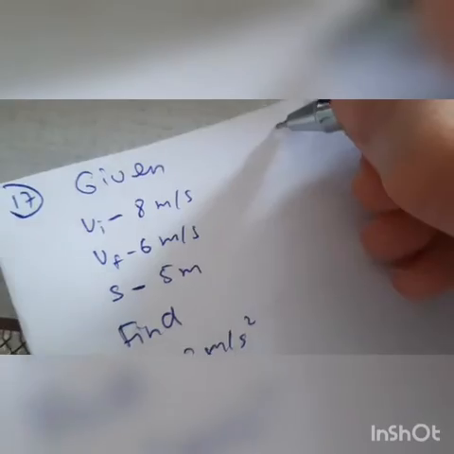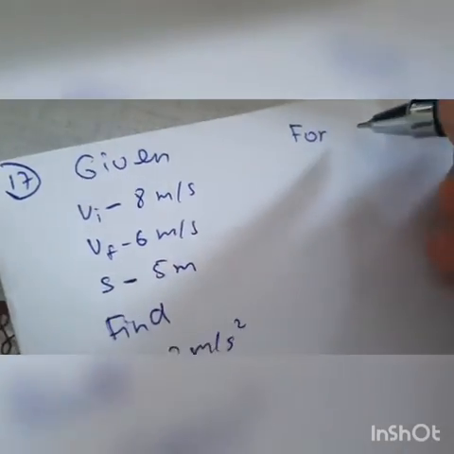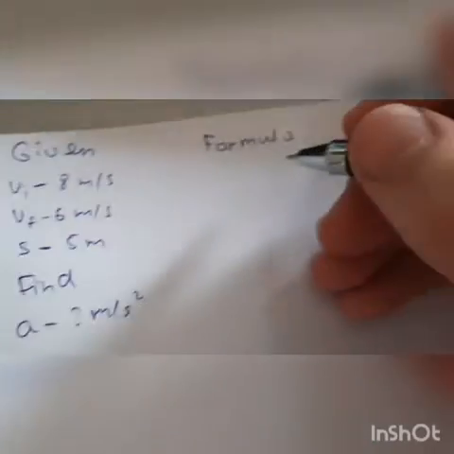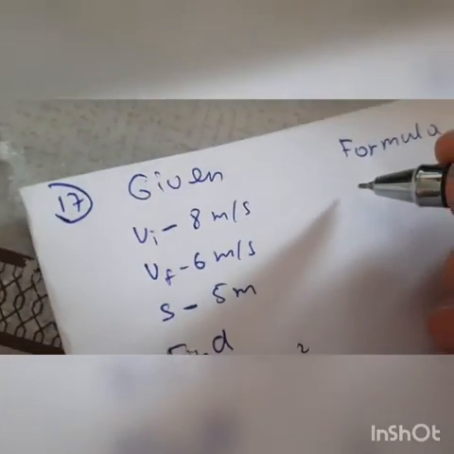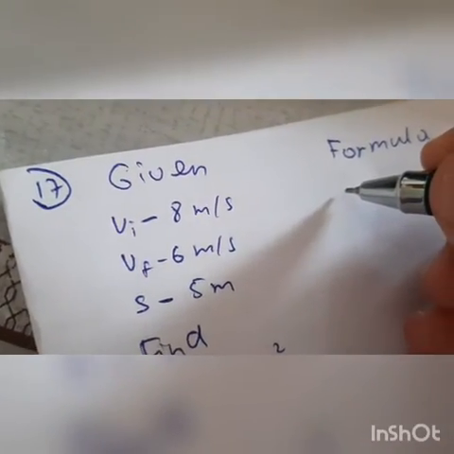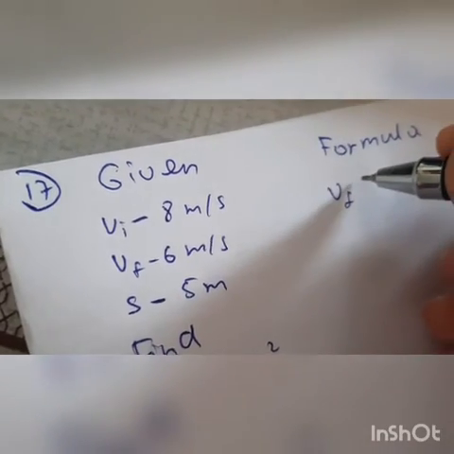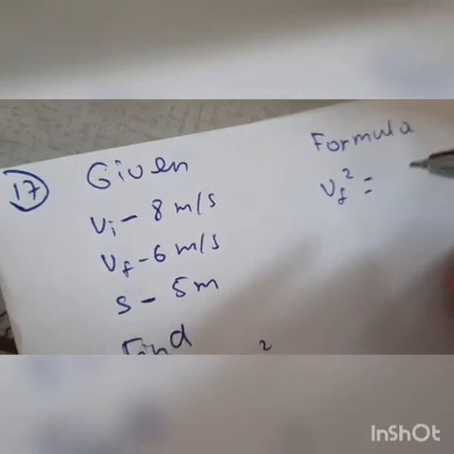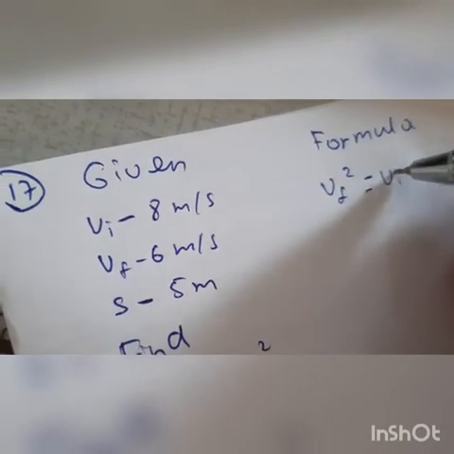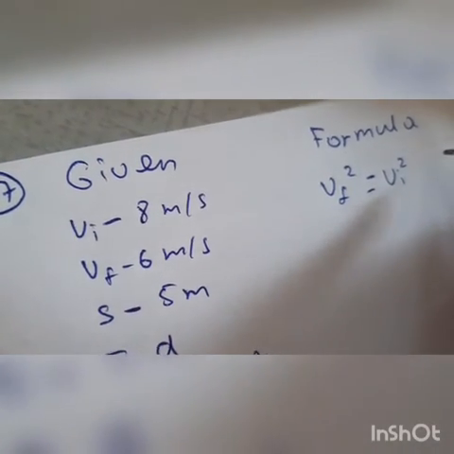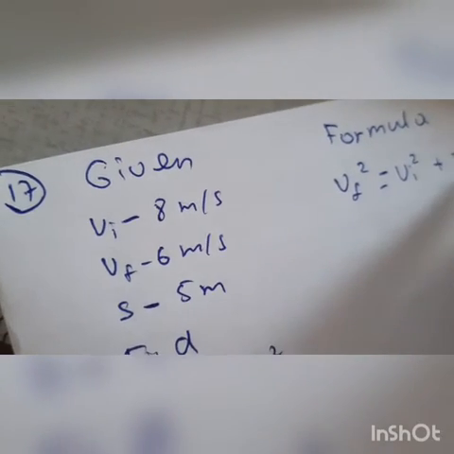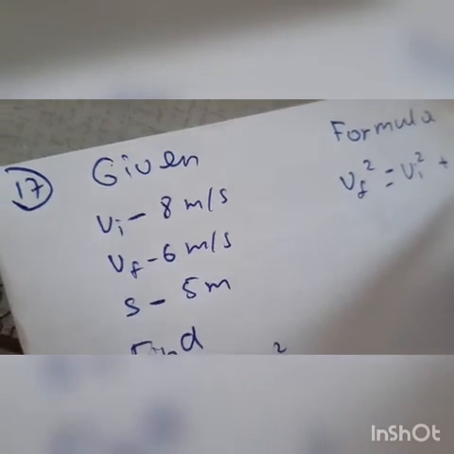Okay, let's write the formula. We have this formula: final velocity squared equal to initial velocity squared plus 2 acceleration delta displacement.